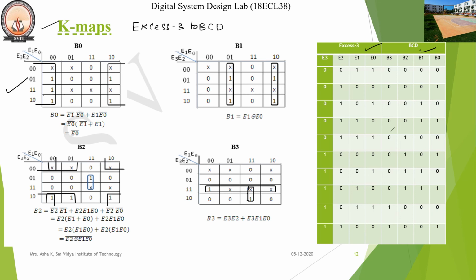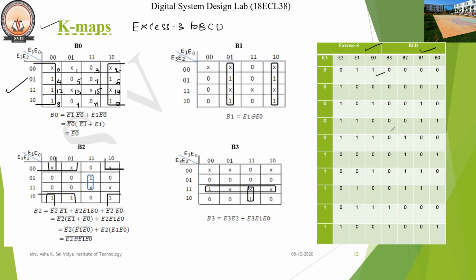For this particular B0 bit, substitute the column of the B0 bit, starting with 3. Here this is decimal 0, here decimal 1, decimal 3, decimal 2, and here we'll have 4, here it is 5, 6, 7, we'll have 8 here, 9, and this is 10, it will be 11, and here 12, 13, and here 14, and the last one here is 15.